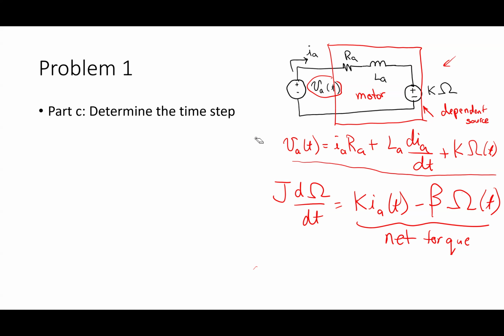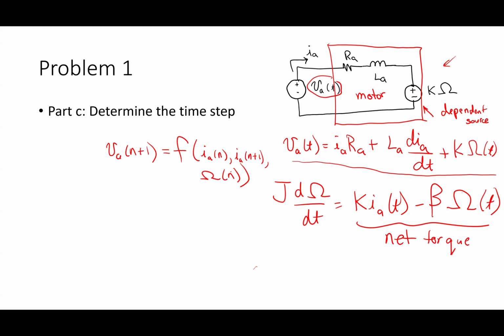Essentially, you're going to get one equation for VA of n plus one, as a function of IA of n, IA of n plus one, and omega of n. The first equation is going to be in terms of those things.